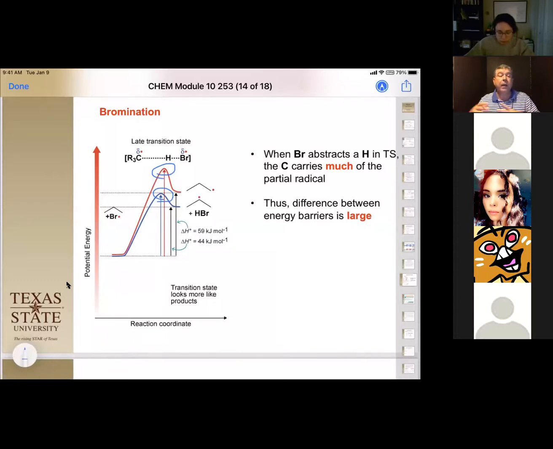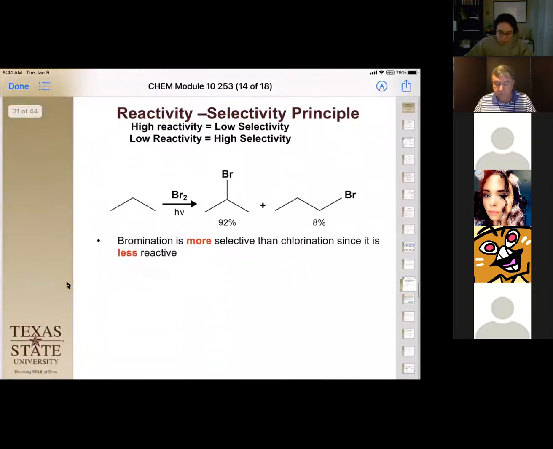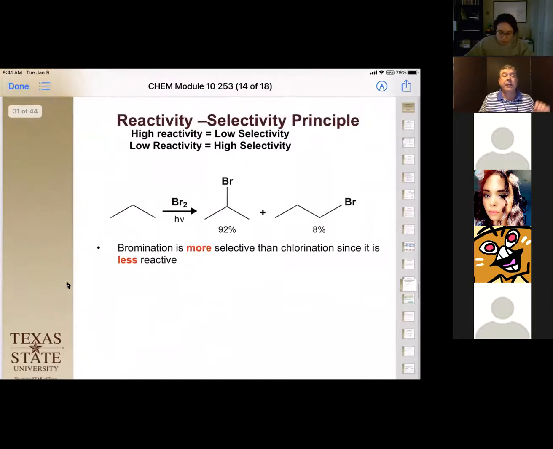It's all about where the bond making and breaking is during that transition state and whether or not you had to form a partial radical on your carbon center. If you're forming that partial radical because you have more of that bond broken, you're going to be trying to form the more stable radical at the lower activation energy. Okay. So what that means is that if you are very reactive, you're going to have low selectivity because the difference between the two transition states is going to be less.